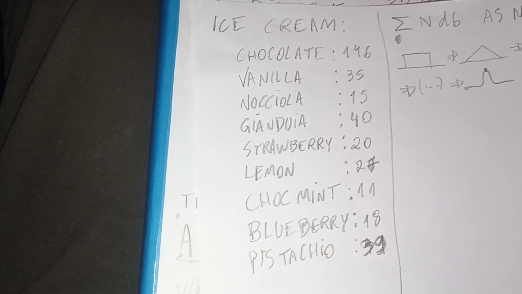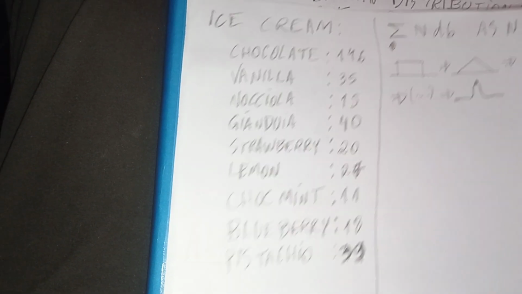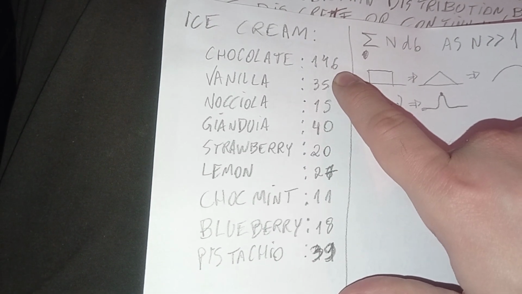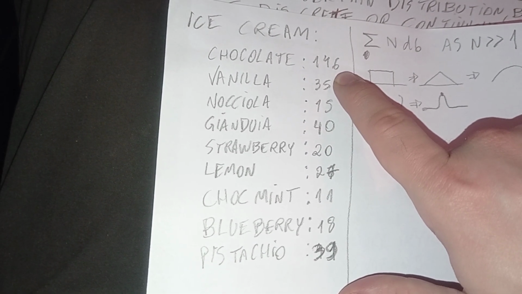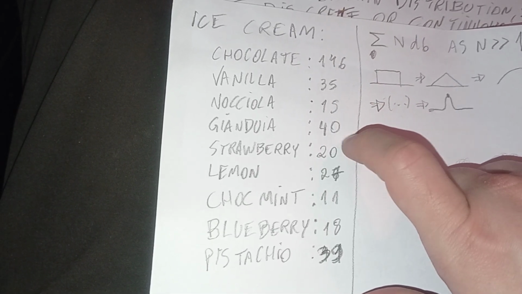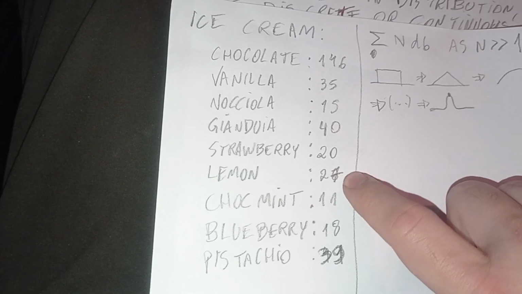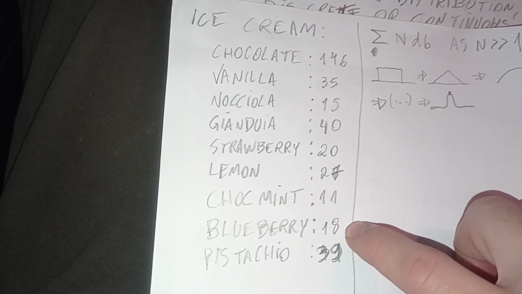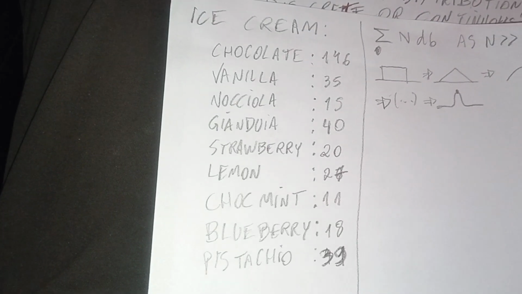And respectively, you have 146 sales of chocolate, 35 of vanilla, 15 of nochola, 40 of gianduja, 20 of strawberry, 27 of lemon, 11 of chocolate mint, 18 of blueberry, and 39 of pistachio.